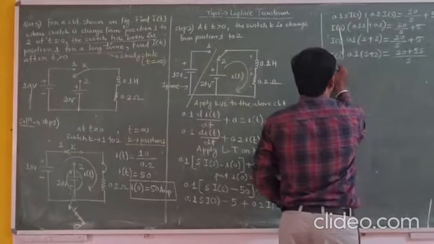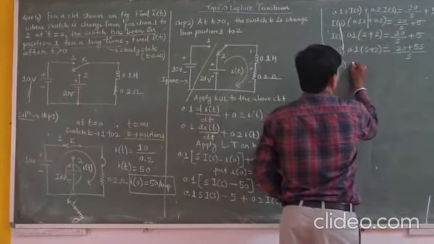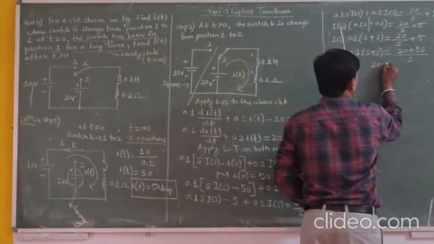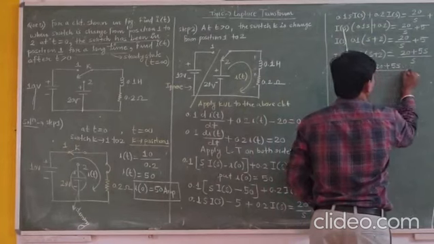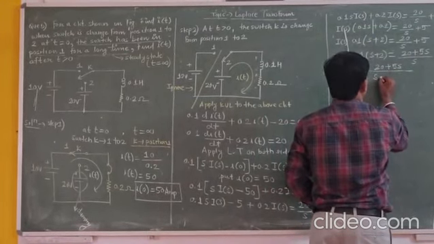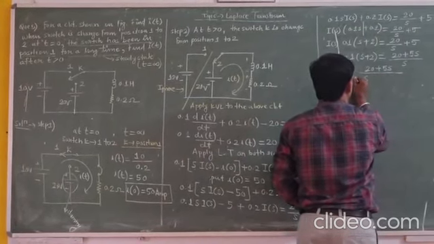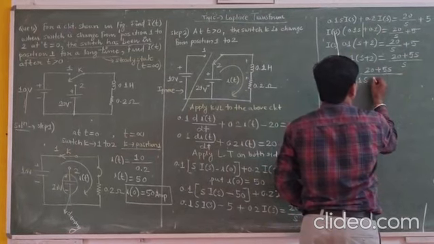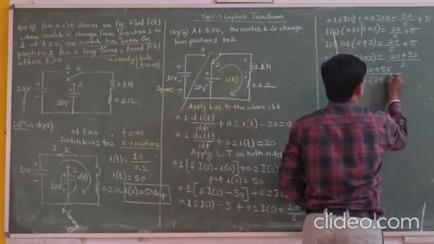So shifted over here, I of s equals to 20 plus 5s divided by s, 0.1 s into s plus 2.